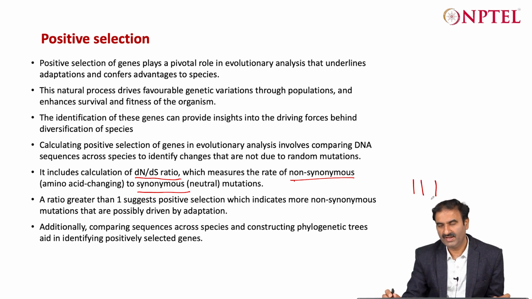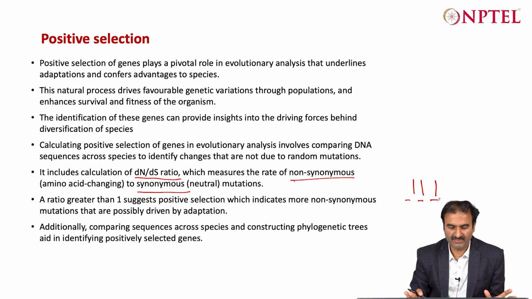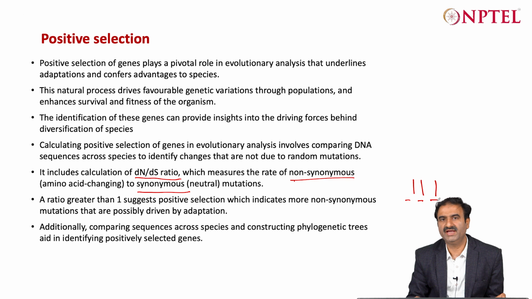Okay, so generally if the change has happened at the 3rd position, it does not lead to change in the amino acid, whereas if the change happened at the 1st or 2nd position, it may alter the amino acid. So that could be non-synonymous change. And then basically if the ratio of non-synonymous to synonymous, dN by dS, okay, is more than 1, you can say that the gene is under positive selection.